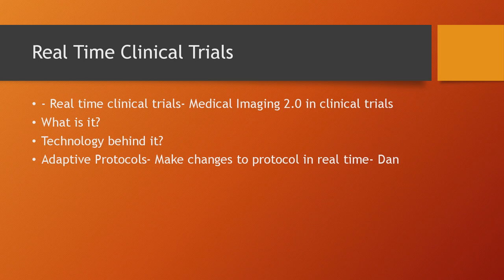Regarding the adaptive protocols and making changes to the protocol in real time, I think one of the most relevant values of this real-time clinical trials concept, thanks to imaging, as I was mentioning, is that we can make early decisions on our clinical trial and make slight changes in those protocols.